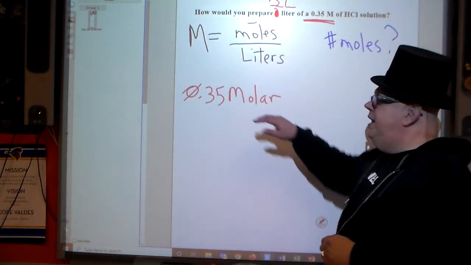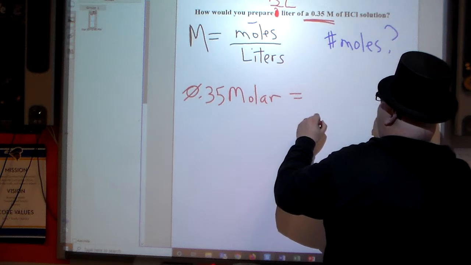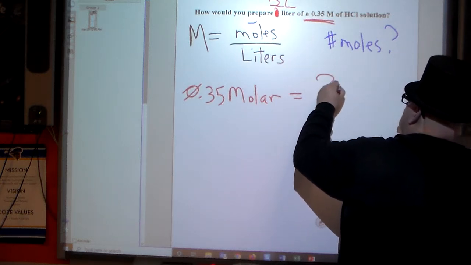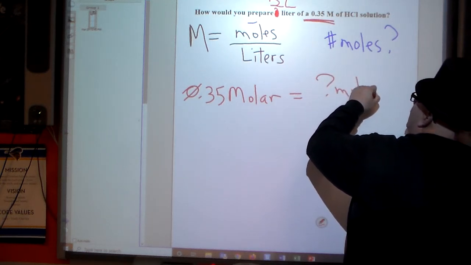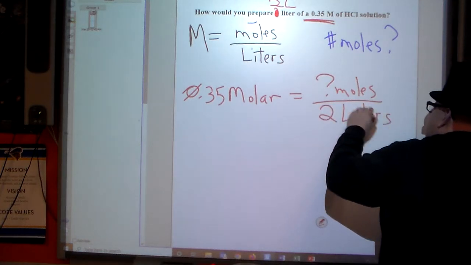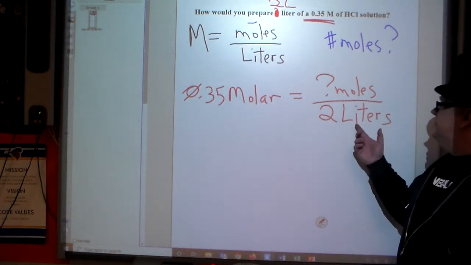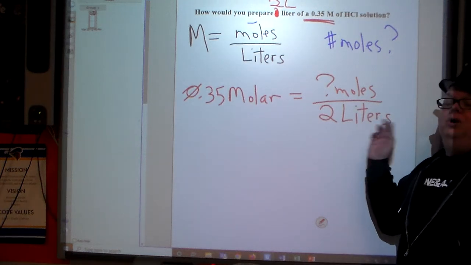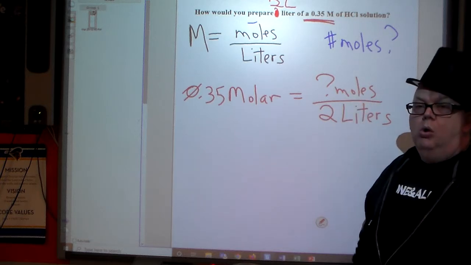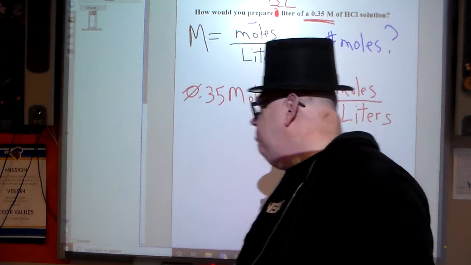I'm going to write out the word so you can see where this is coming from. Is equal to, we don't know how many moles, over 2 liters. So I'm writing out the units so you can see. Now, does it make a difference if it's liter or liters, or mole or moles? Not one bit. Not one bit.